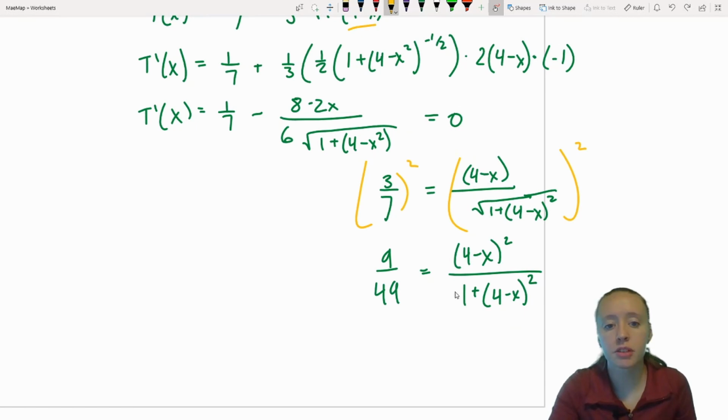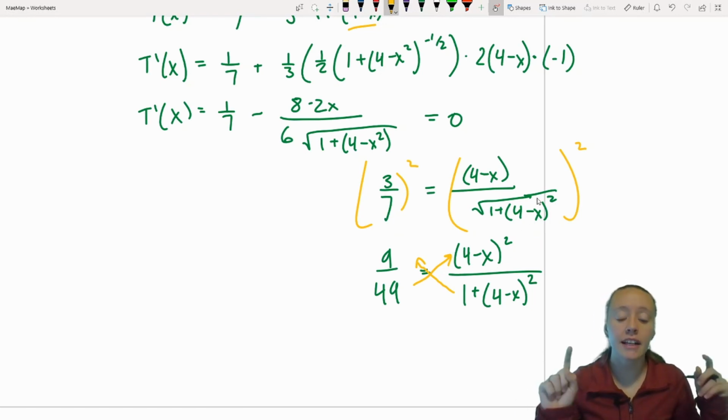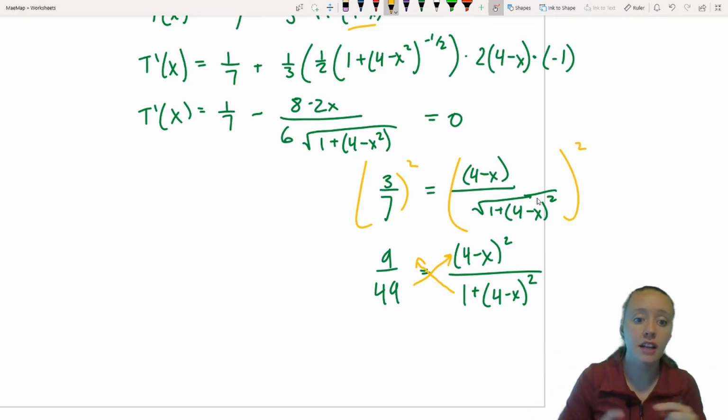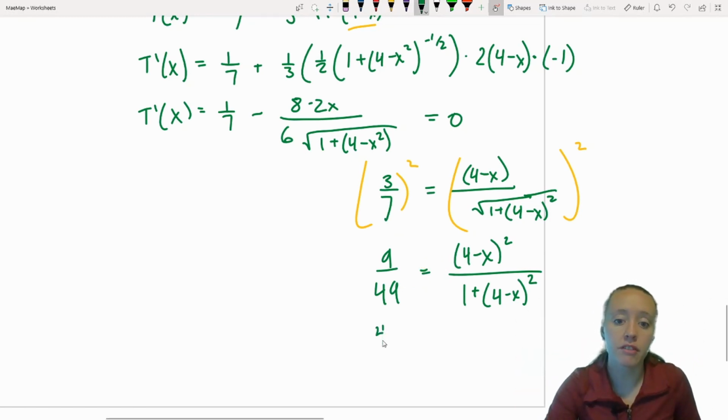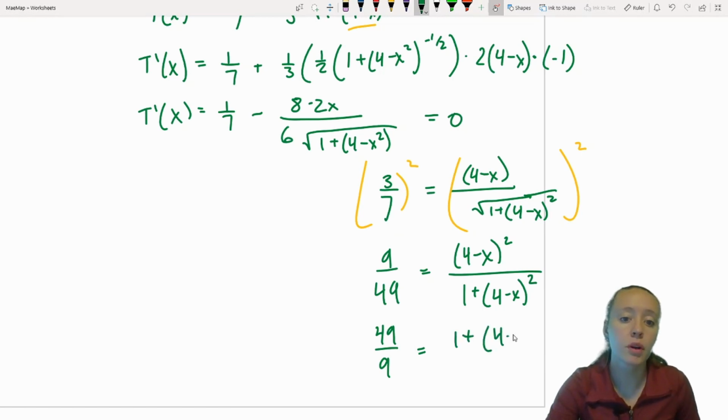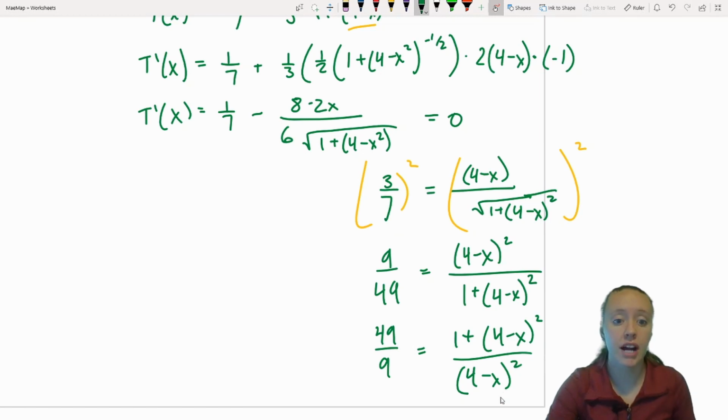But think about if I cross multiplied. If I multiplied 9 to that and then 49 to my (4 minus x) squared, but then I divided by (4 minus x) squared and divided by 9, essentially I'm going to flip all of my fractions. So I'm going to have that 49 over 9 is equal to 1 plus (4 minus x) squared all over (4 minus x) squared. And by doing this, this is going to allow me to split this fraction up.